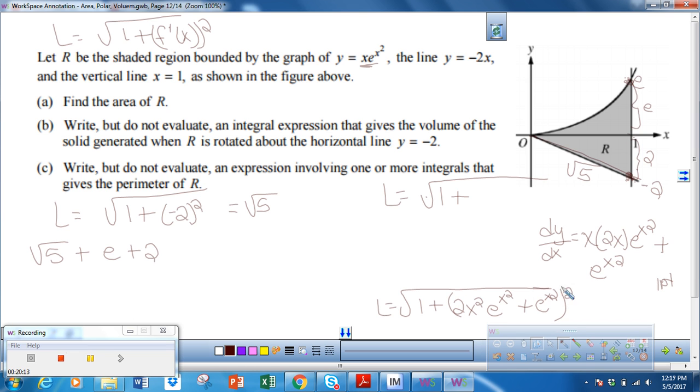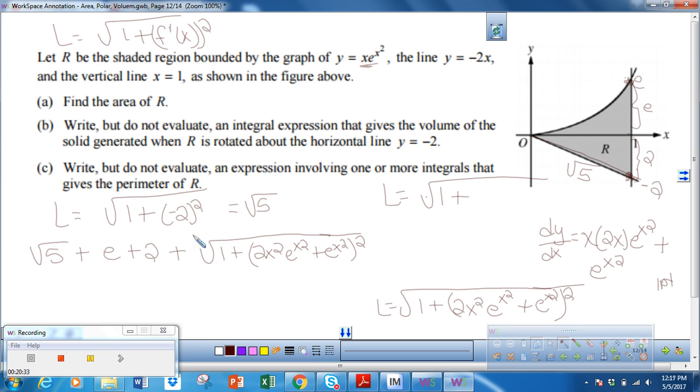Is that not fun, or what? You could take out that e to the x squared if you like. I don't like, so I don't. Square. And that is the length of that curve.